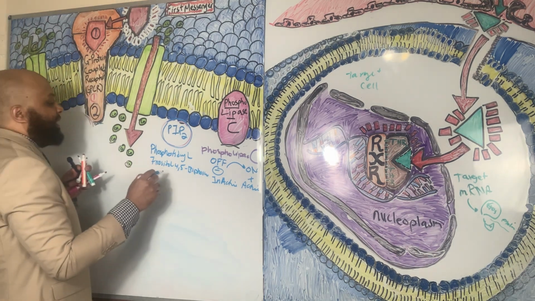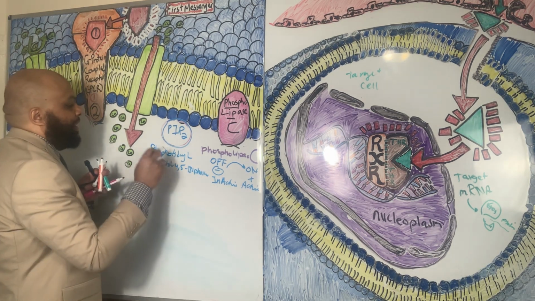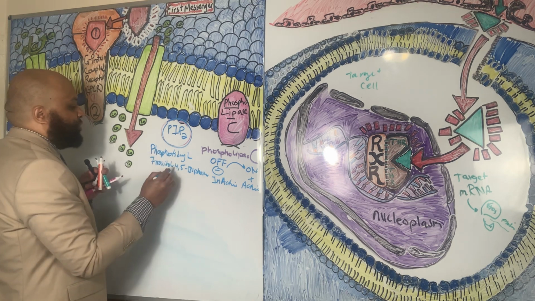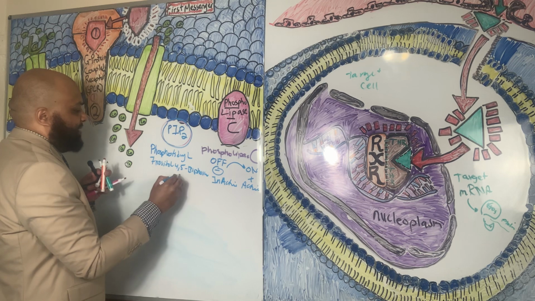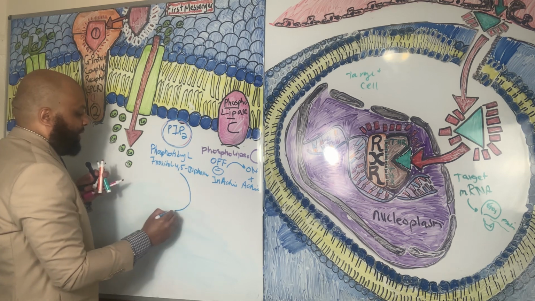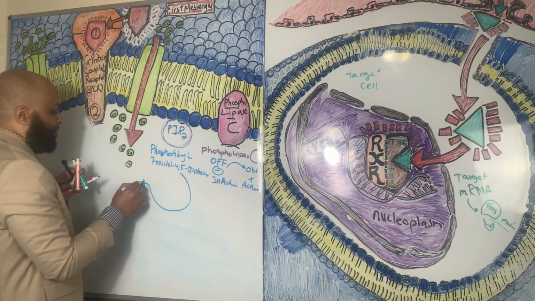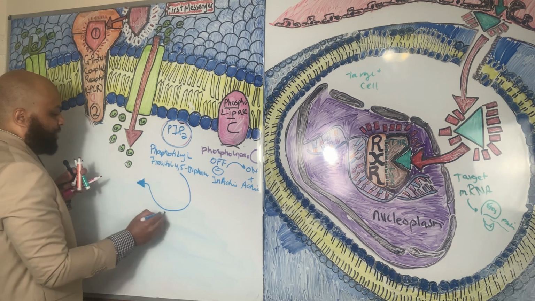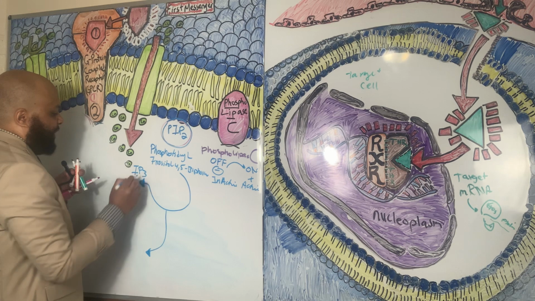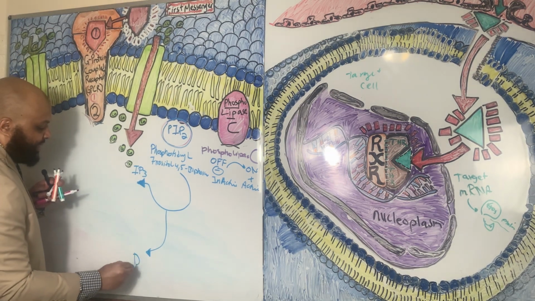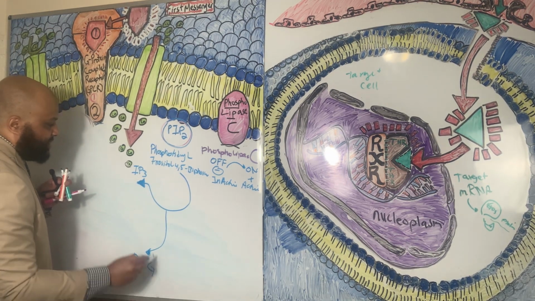And this phosphatidyl inositol 4,5 biphosphate is going to be taken by phospholipase C, and it will be broken into two products. The first product is known as IP3, and the second product is known as DAG, diacylglycerol.